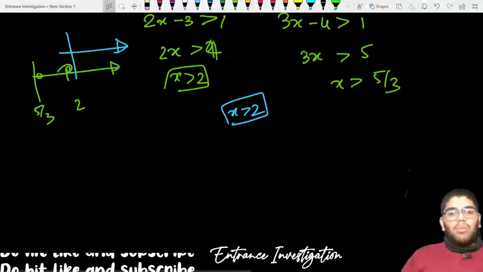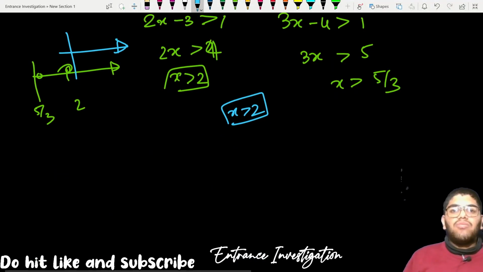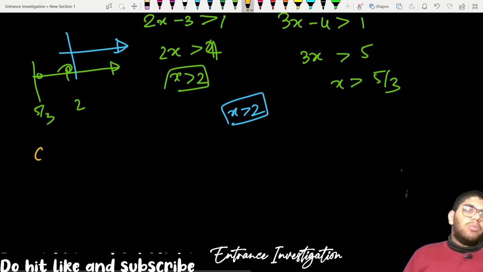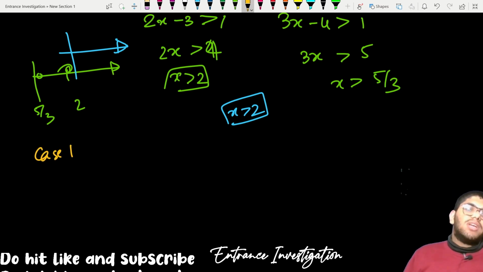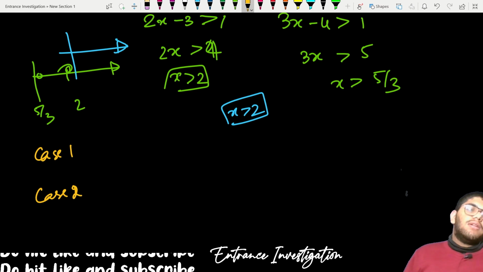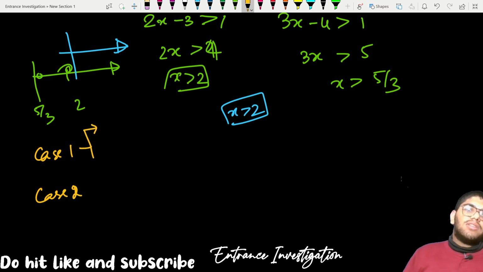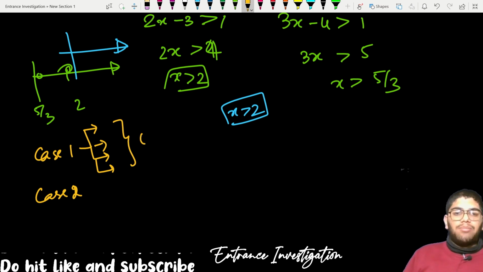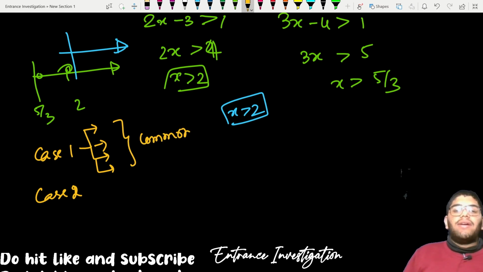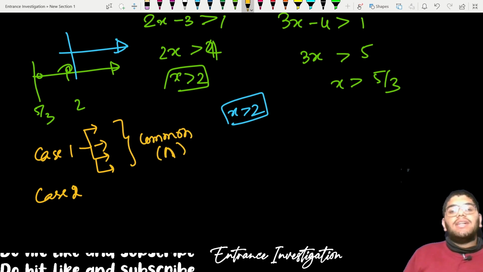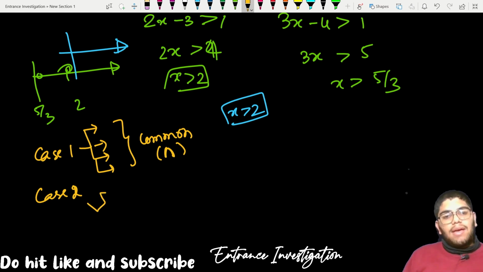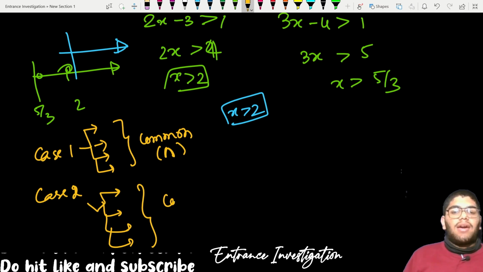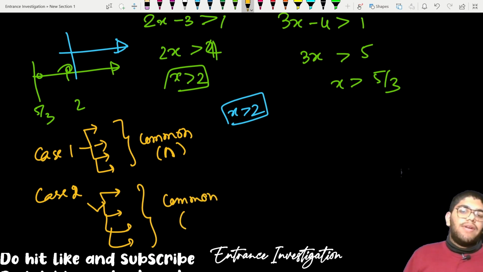So in combination, we'll take the union of both the cases. So basically what I did, I made two cases. In these cases, I got different sets of relations for x. I took the common part of this using the intersection, and I did the same thing in the second case and took out the common part.